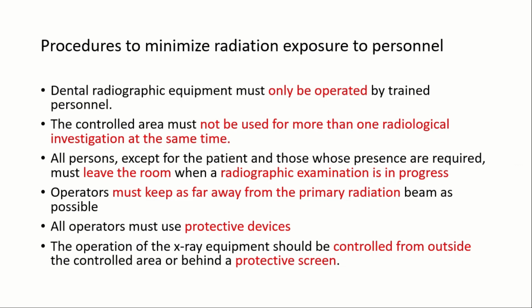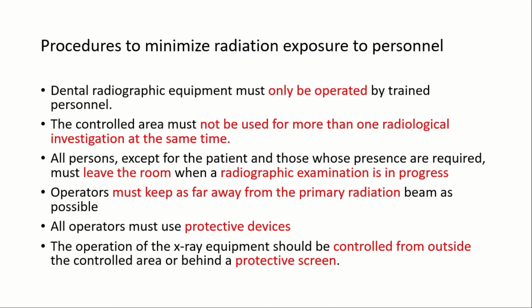All persons except for the patient and the assistant should leave the room when the radiographic examination is in process. You have to keep yourself as far as you can from the primary radiation beam.